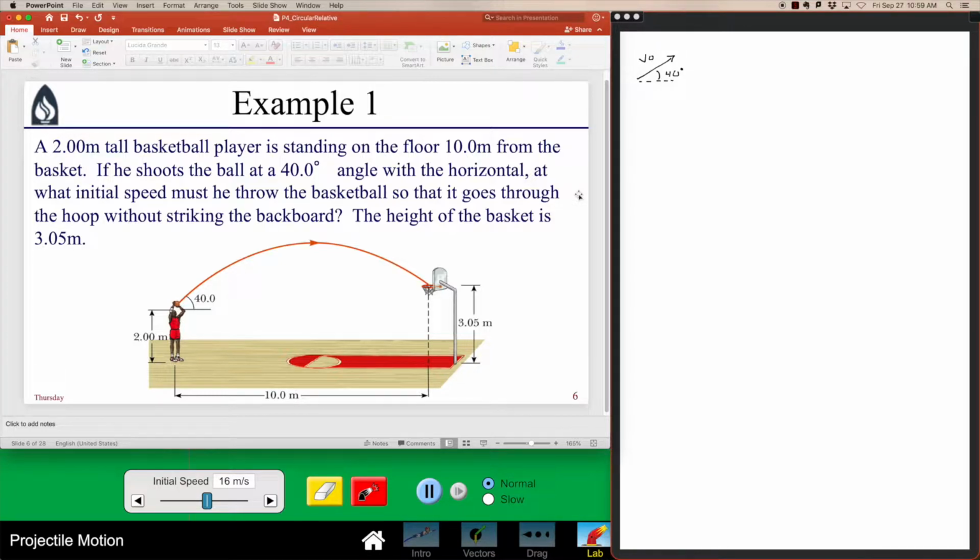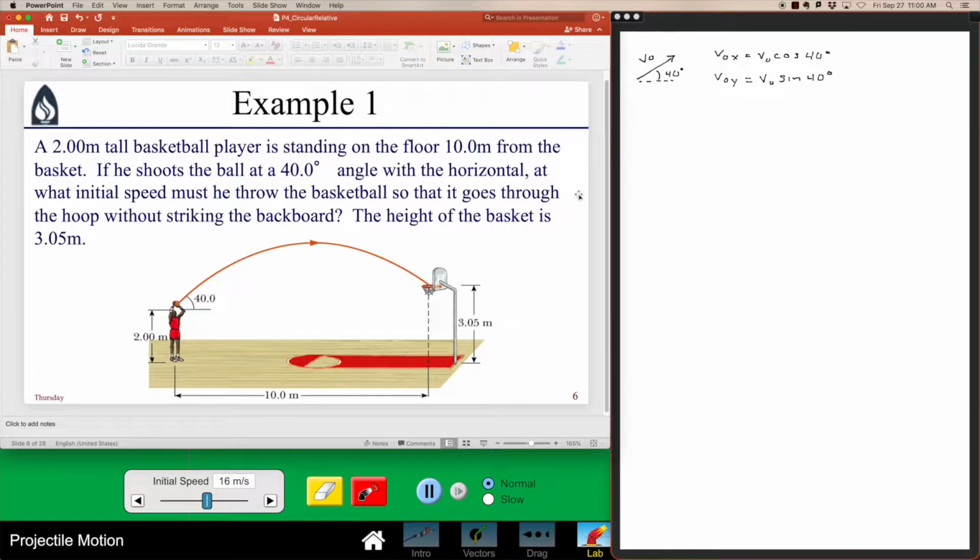Then that means that the initial velocity in the x direction is V0 cosine of 40 degrees, and the initial velocity in the y direction is V0 sine of 40 degrees.